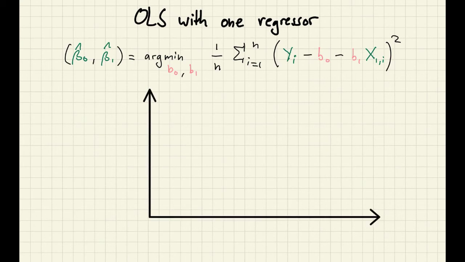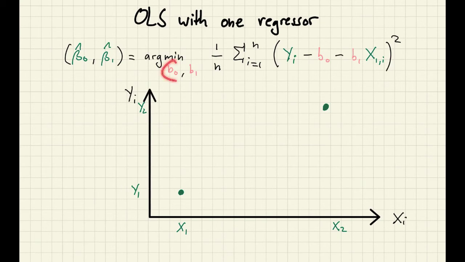For every observation, we have an observed x value and an observed y value. Let's suppose that we have only n equal 2 observations, and one is down here. That means y1 is here, x1 is here, and our second observation is up here, so that y2 is here and x2 is here.